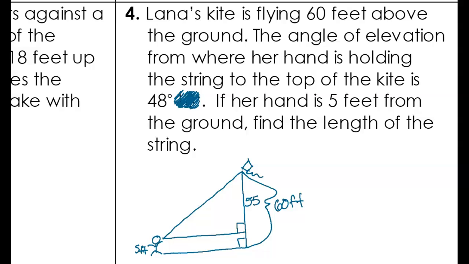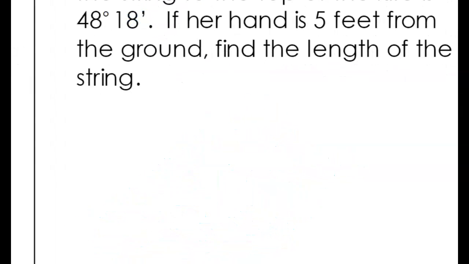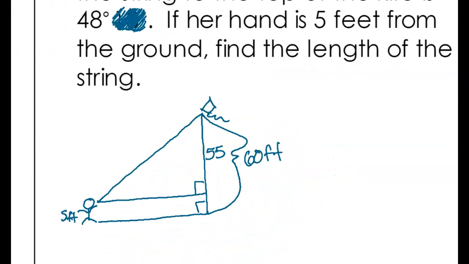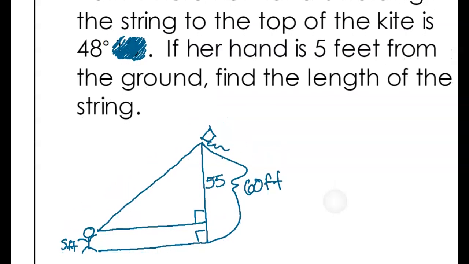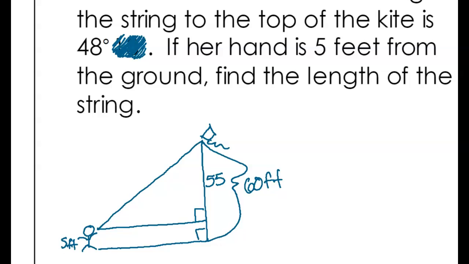What other value do I need to put? There's one more thing that needs to go. Now, where do you think that angle of elevation is? Yes, you don't even really need to read the problem.